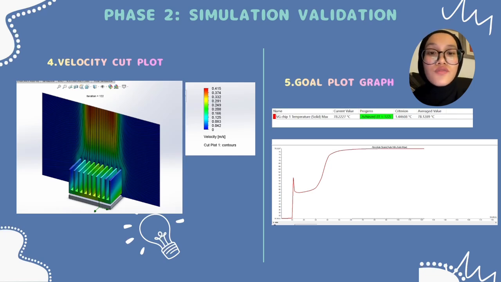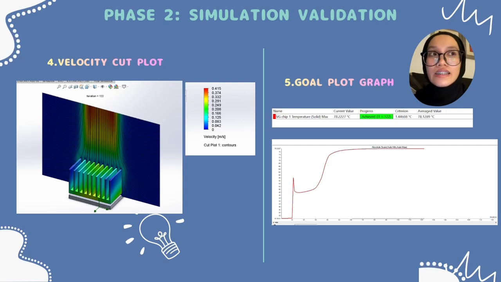Confirming the design successfully dissipates the 10-watt heat volume source that the instruction suggests into the ambient environment while staying below the 85 degrees Celsius temperature, which is the safety limit temperature of the chip.